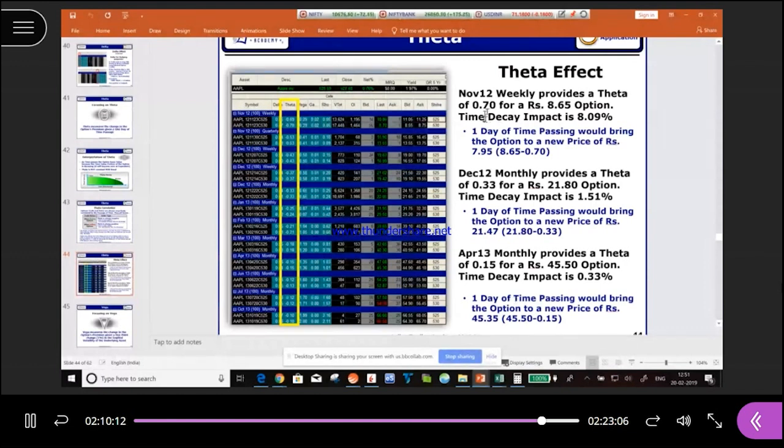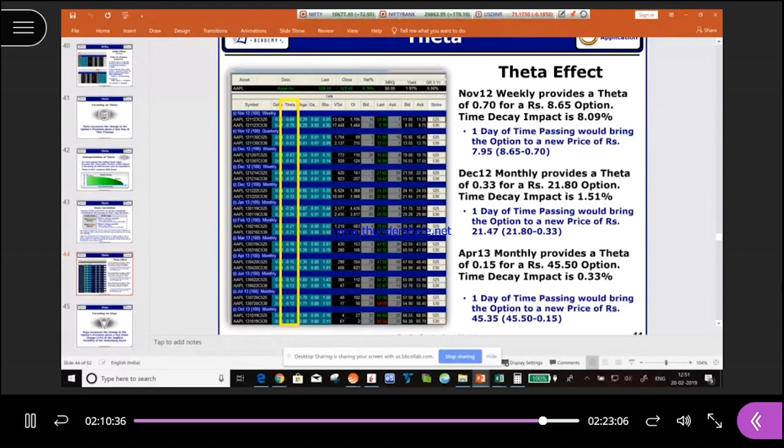How did 8.09 come? 70 paise divided by 8.65, that is 8%, 8.09% of 8 rupees 65 paise. Similarly, 33 paise is 1.51% of 21.8. So if you see now, this is November, this is December, and this is April.